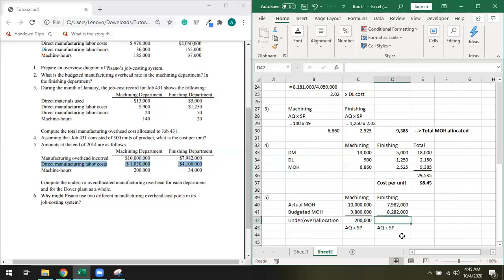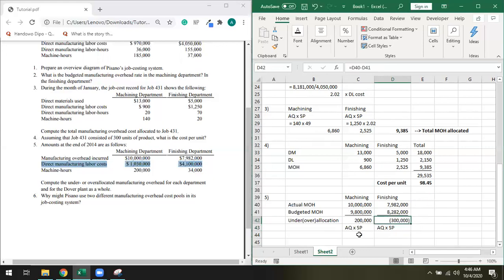As for finishing department, the actual manufacturing overhead cost is lower than the budgeted manufacturing overhead cost. So we over allocate the manufacturing overhead cost for finishing department. So here's the result is negative.